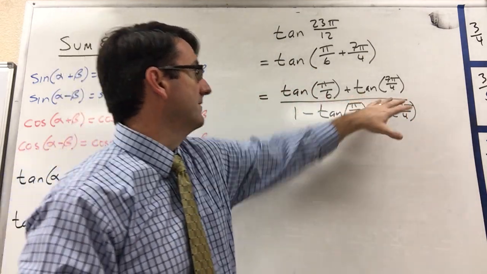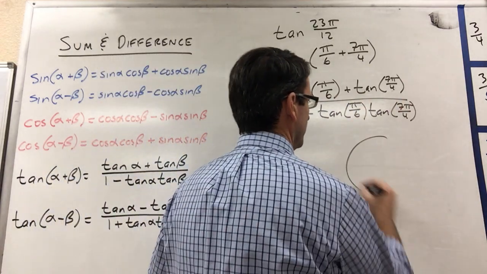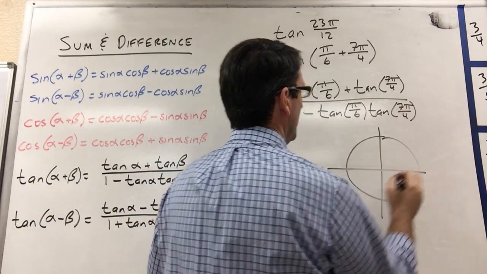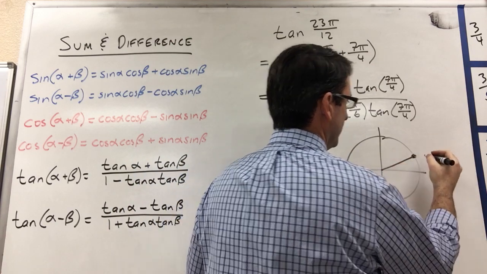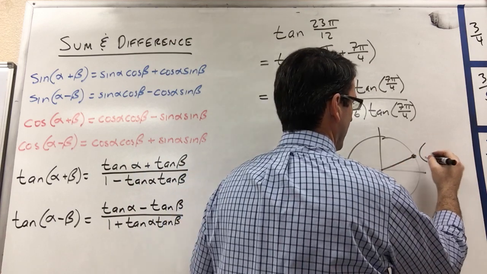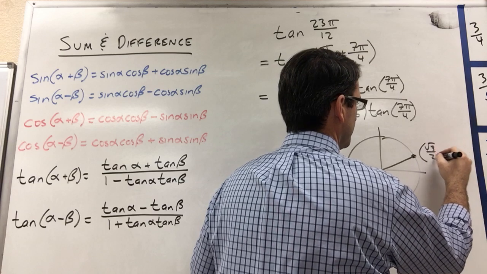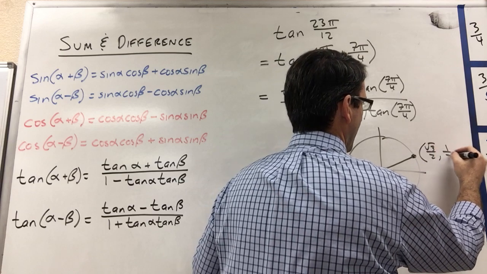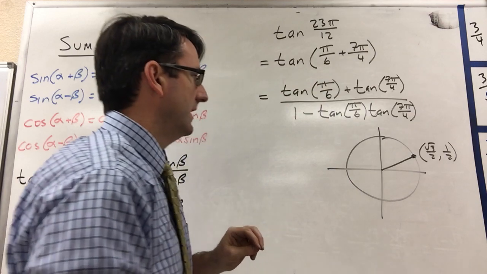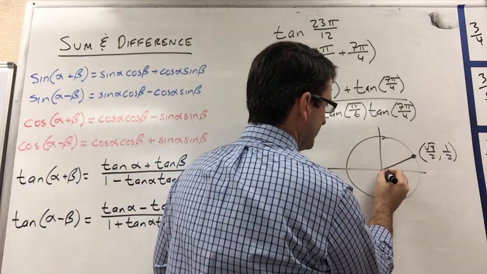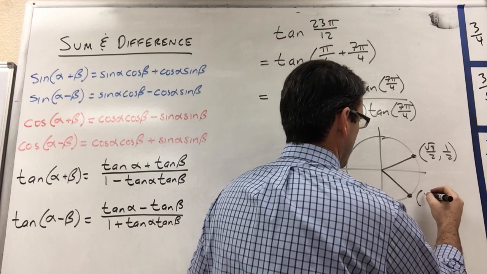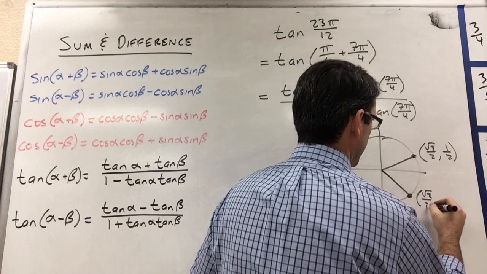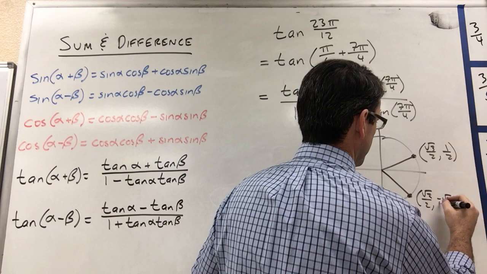All right, and then all of these are going to be on the unit circle. If we look on the unit circle, pi over 6 is right here, and the coordinates of this endpoint are square root of 3 over 2 and 1/2. And 7 pi over 4 is down here. The coordinates for that endpoint are square root of 2 over 2 and negative square root of 2 over 2.